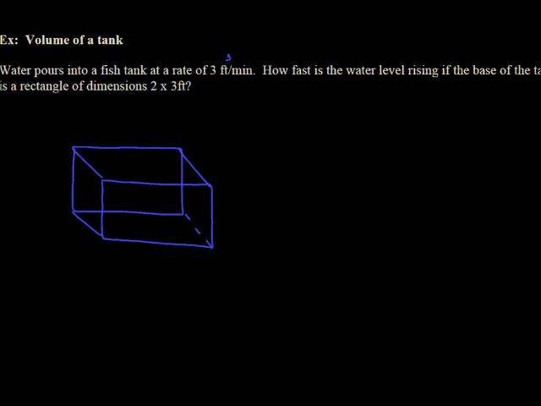All right, so here is our rectangular prism. This is our fish tank, and they tell us that the dimensions of the bottom are 2 feet by 3 feet. And we do not know what the height of our tank is. But then they are pouring water into our tank. So there's the water.